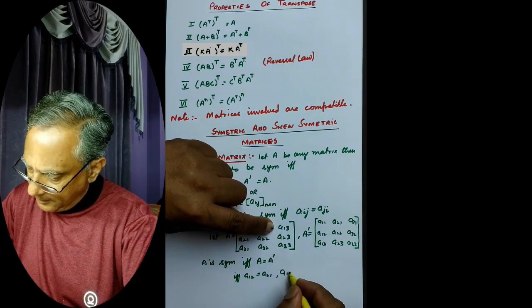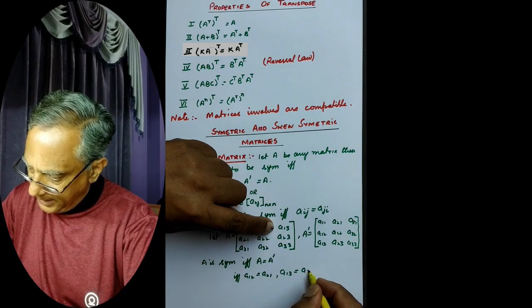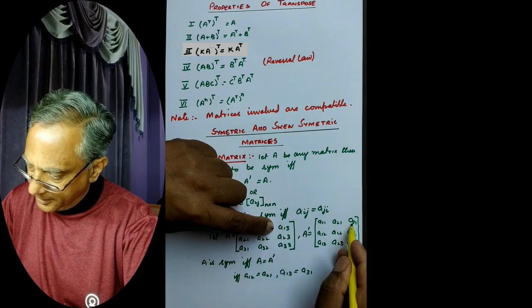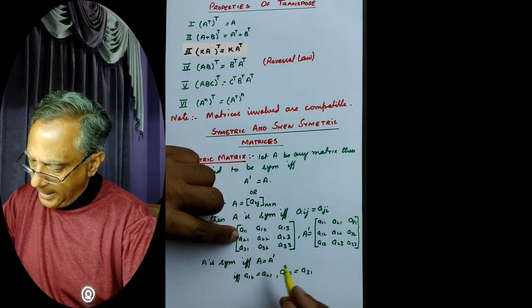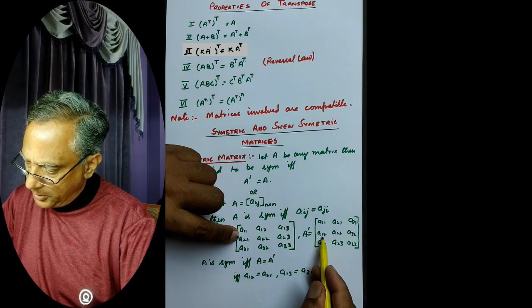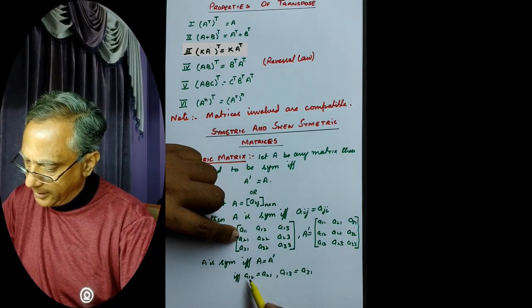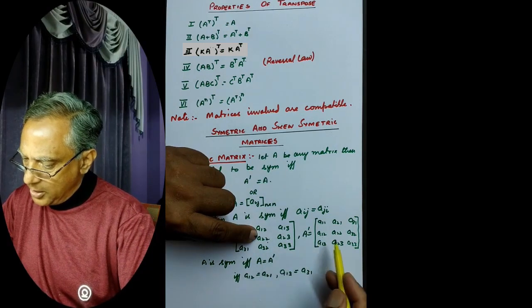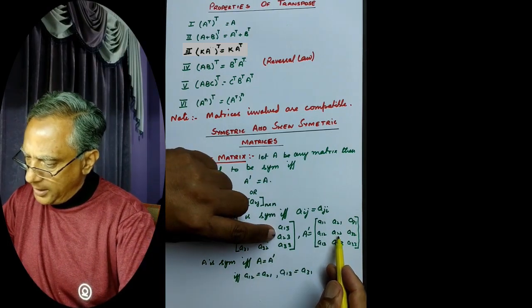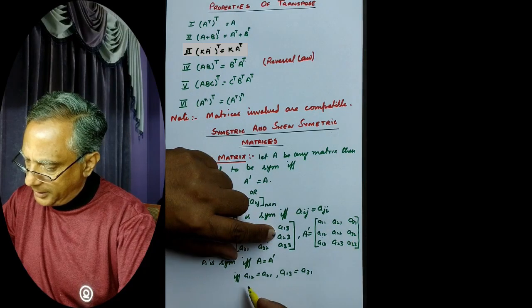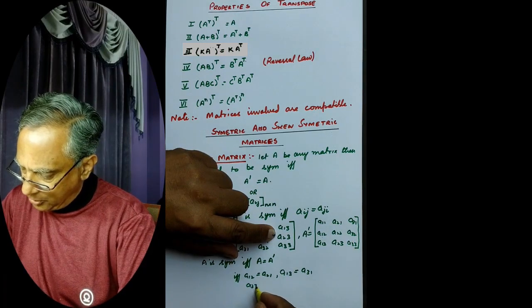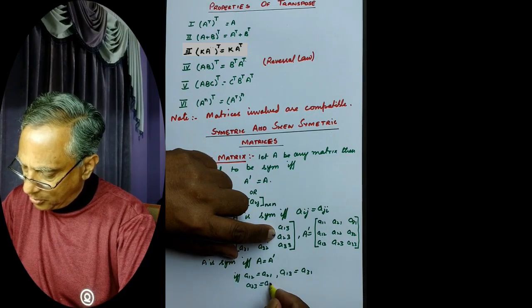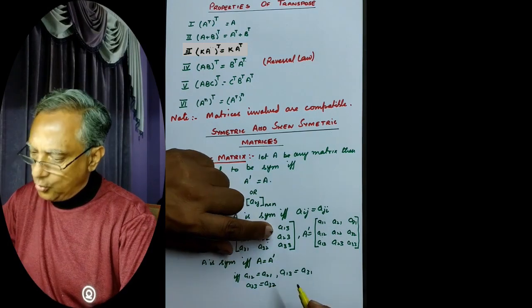A13 must be equal to A31. A21 must be equal to A12. We have already written A21 is A12. A22 is equal to A22. A23 must be equal to A32. So we get A23 must be equal to A32.